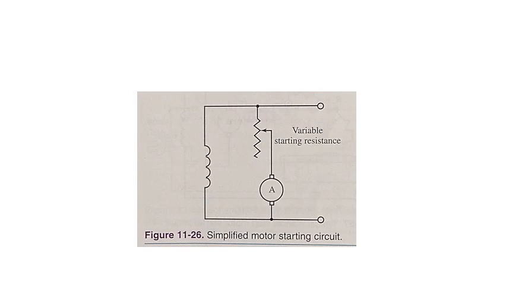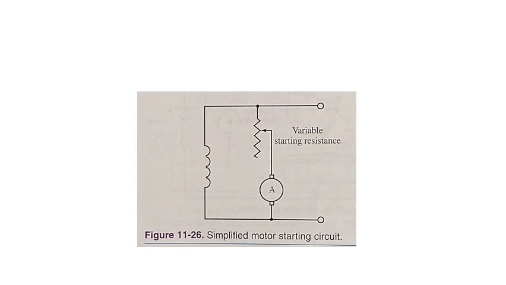To protect the motor until it builds up its speed and CEMF, a current limiting resistor can be placed in series with the armature. A simplified motor starting circuit is drawn in figure 11-26. The resistance is variable. Starting from a dead stop, maximum resistance is inserted in the armature circuit.